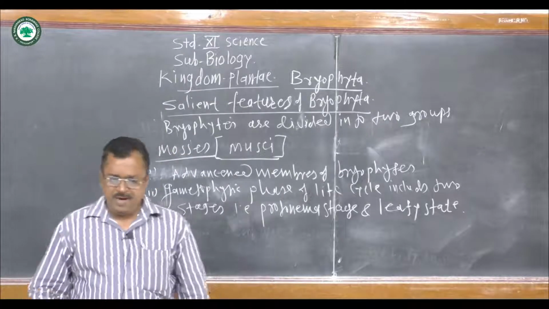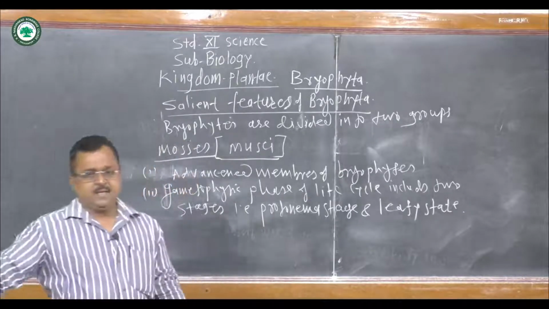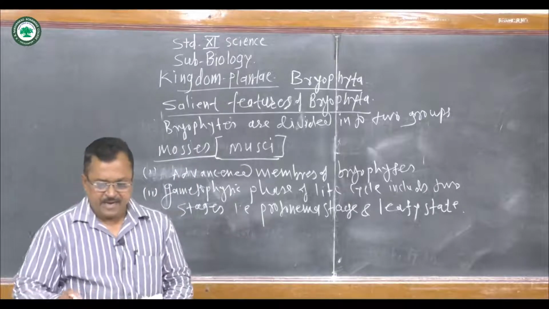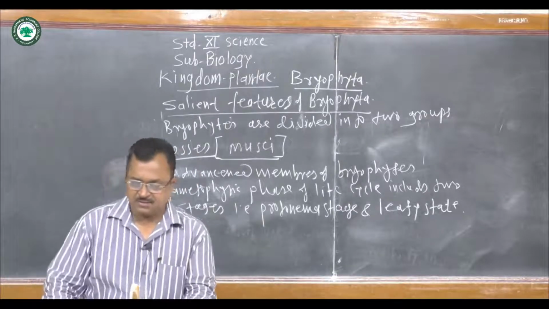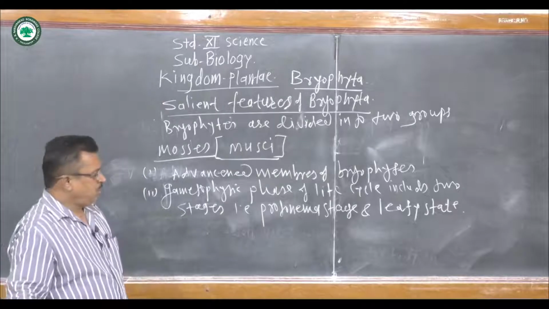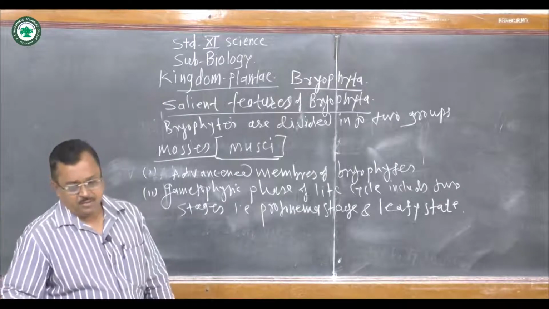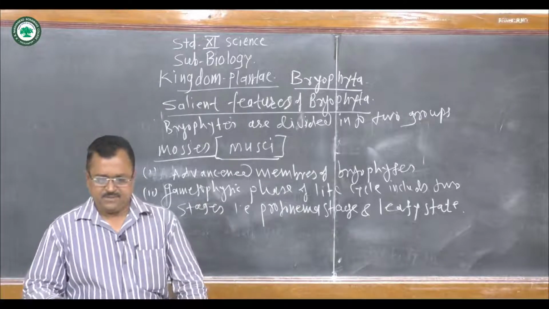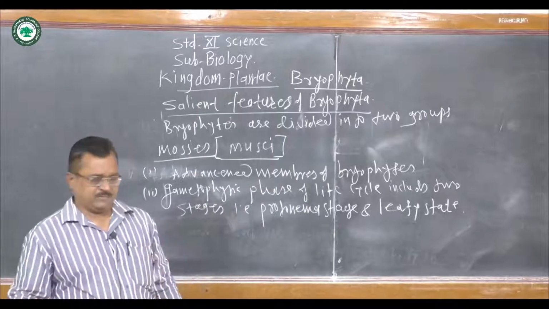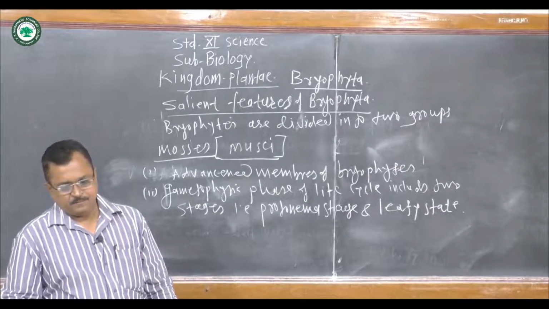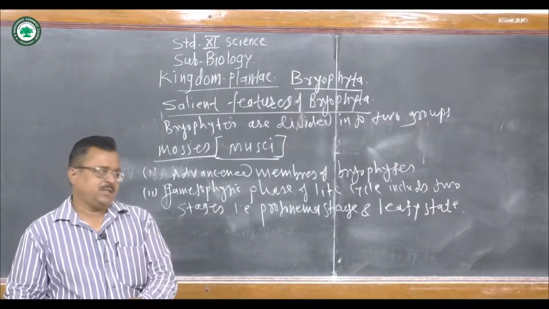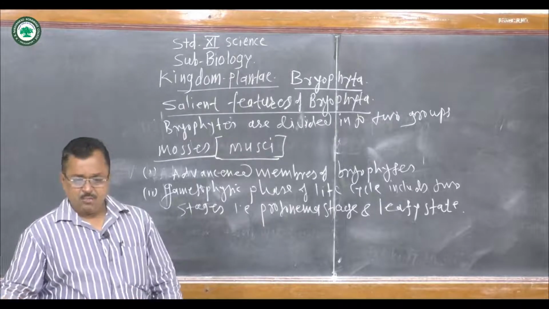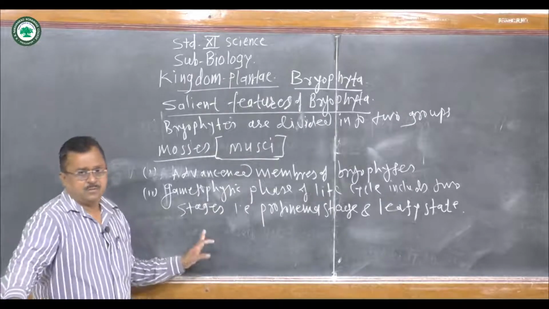Here the protonema is prostrate, green, branched and filamentous. It is also called the juvenile gametophyte. It bears many buds. The leafy stage is produced from each bud.